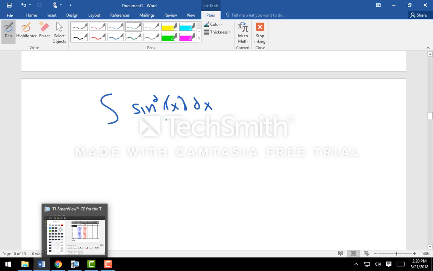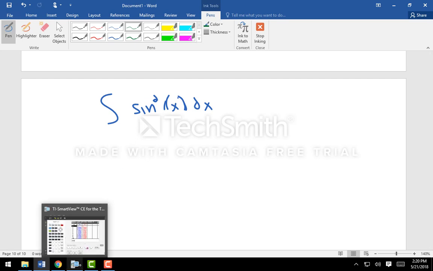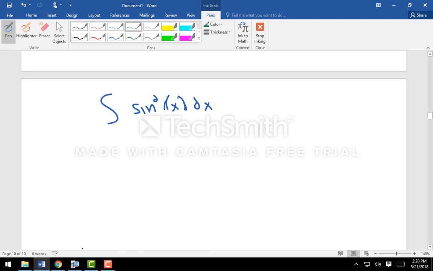But if we replace sine squared with 1 minus cosine squared, we still have cosine to an even power. We don't have an odd power to use one of the strategies we just talked about. And if this was the integral of cosine squared, we could use 1 minus sine squared. But again, we're in the same issue where we don't have a trig function to an odd exponent.